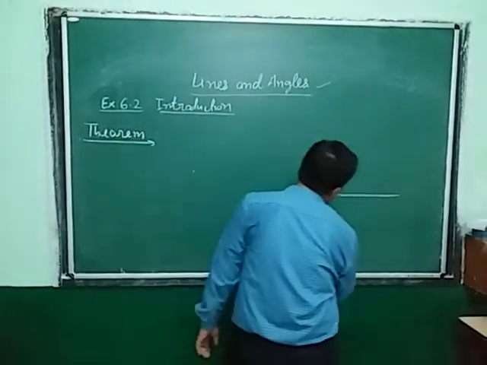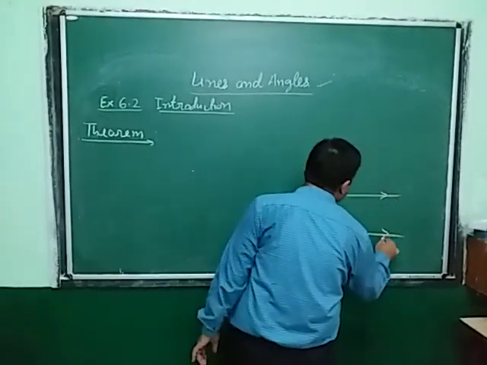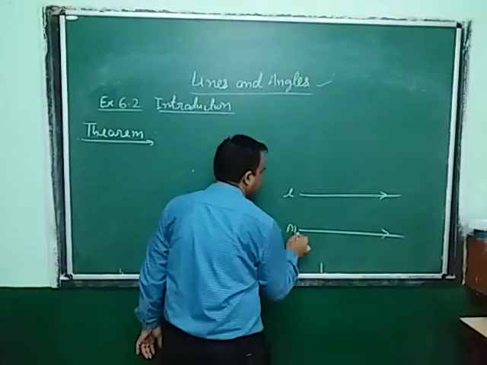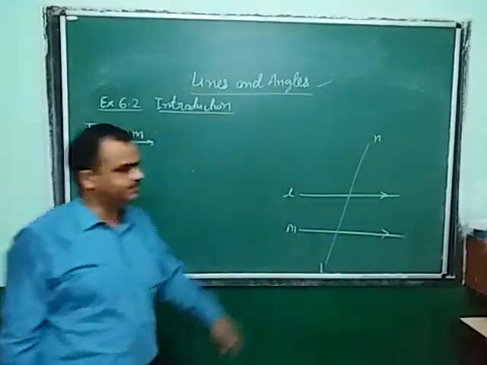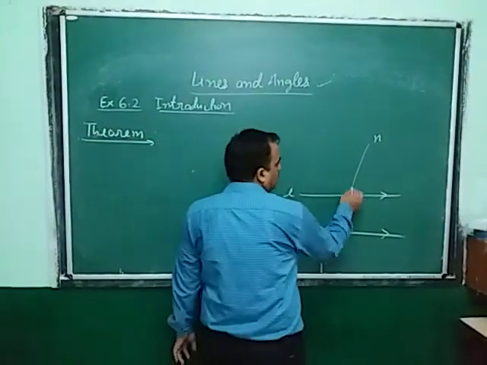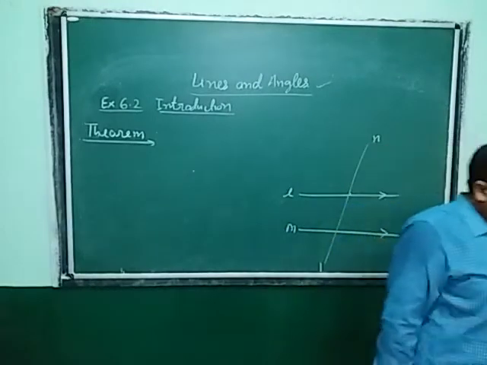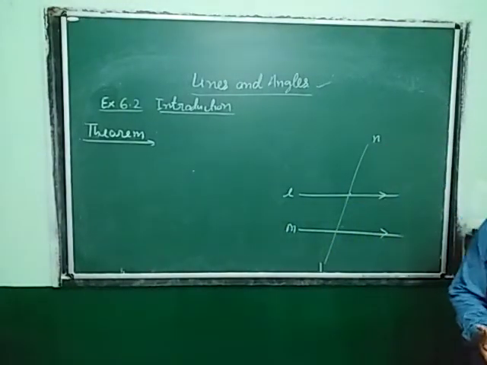If there are two parallel lines, say L and M, a line N is transversal to them. So L and M are parallel lines and one transversal line is given there.